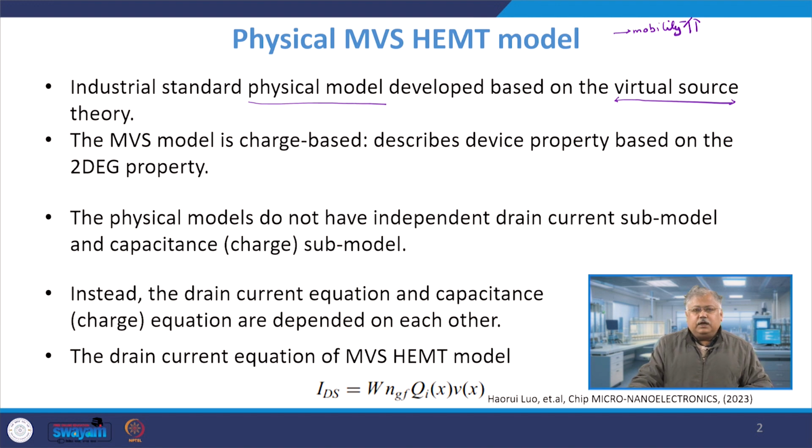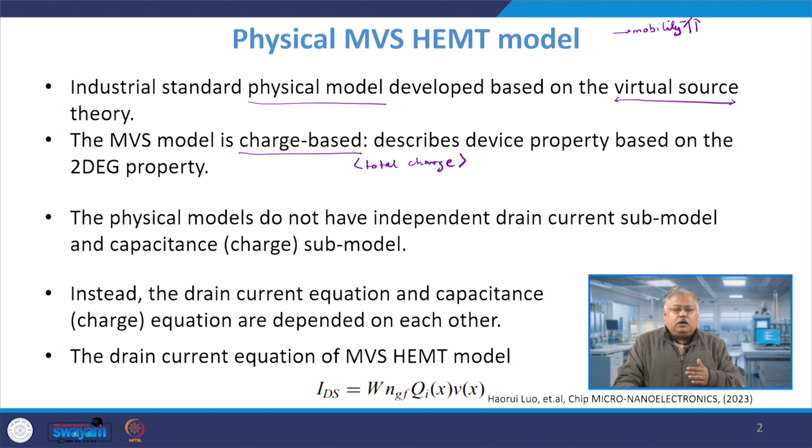The MVS model is basically a charge based model, which means that we are trying to find the total charge which is embedded within the 2D electron gas. The methodology followed while doing any device modeling where you have a drift diffusion component is to divide the whole channel into smaller pieces, find the charge in each of the pieces, and then integrate from source to drain to find the total charge.